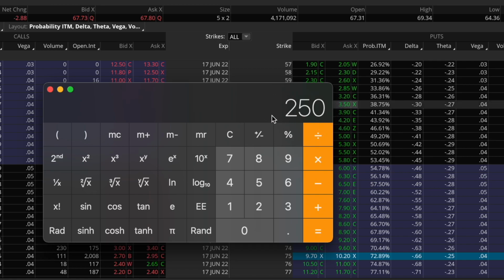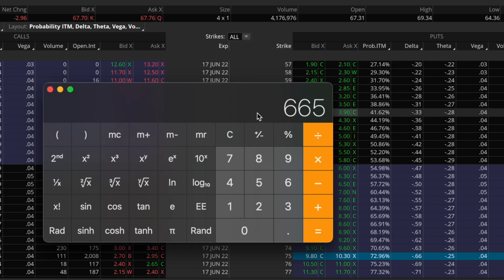But if my total credit collected on this position is now $915, and I still use the same kind of closing order to buy back my July put for a debit of $250, that means the profit I'm now shooting for with that order is $665, which is way, way more than my initial profit target of only $250.